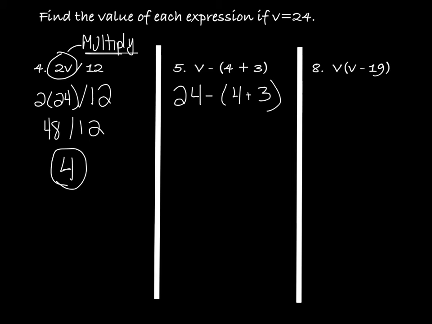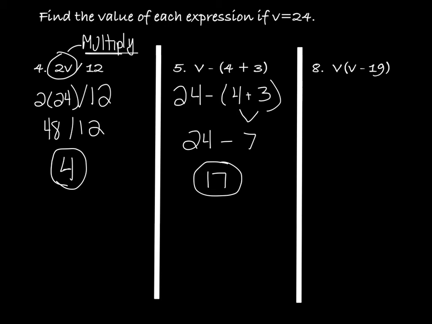So now again, I'm going to do the order of operations. This time there is parentheses and there's math to do inside there, so I'm going to do that first. 4 plus 3 is 7. I'm going to rewrite the rest of the problem. 24 minus 7. 24 minus 7 is 17. And there's our answer. So answer number 5 is 17.